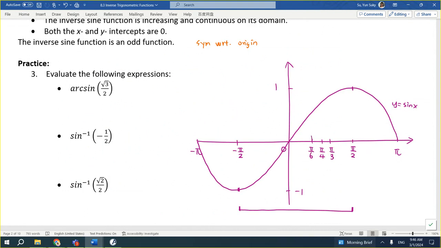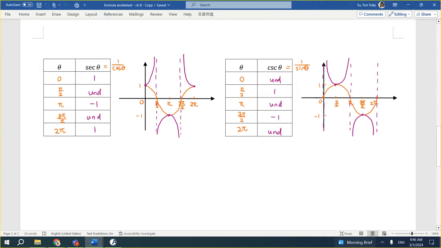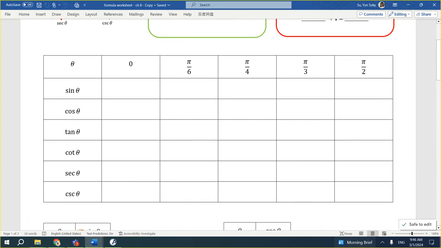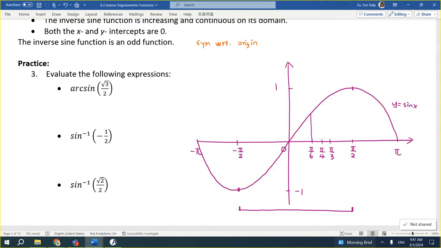And remember our table. Do you remember this? So sine pi over 6 is what? 1 half. Sine pi over 4 is what? Root 2 over 2. And sine pi over 3 is root 3 over 2.